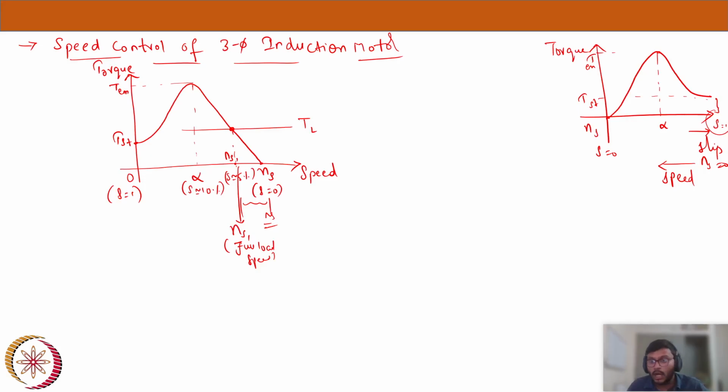We also saw how the introduction of external resistances can improve the starting torque, and how reducing the supply voltage will vary the maximum torque. Those discussions we have done. If we observe those torque speed characteristics, that is also a kind of speed control. We have achieved very smooth speed control there. I will also discuss those points now.